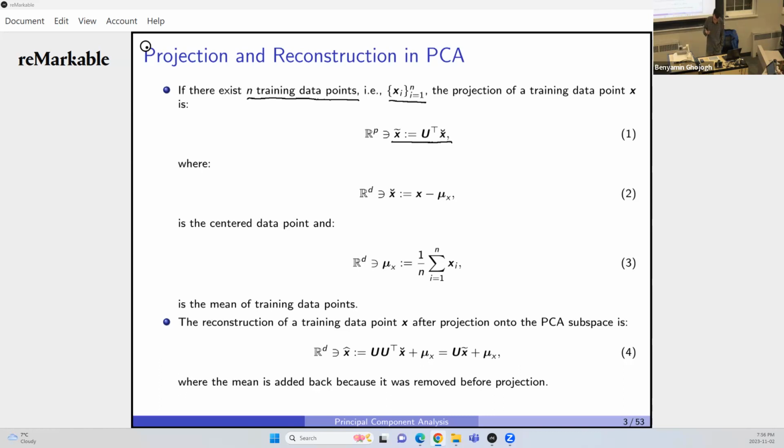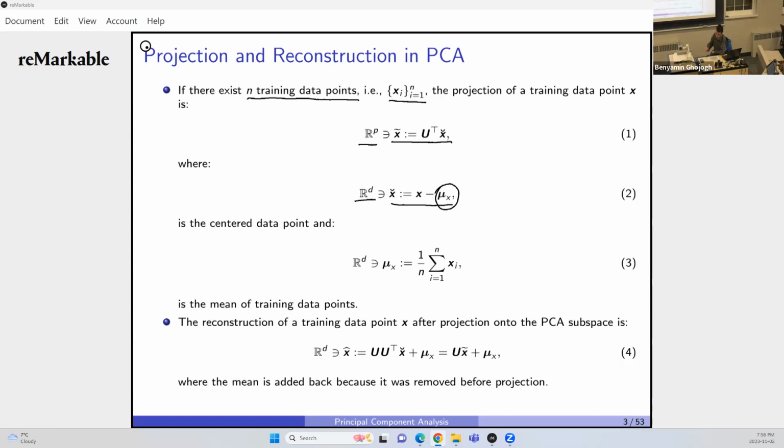I have removed the mean of the data. We have to remove the mean, as I said here. This is the mean of the training data set, so I subtract it from all of the data points. X breve is d-dimensional. After projection, it becomes p-dimensional, where U is d by p.